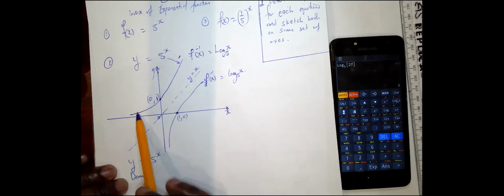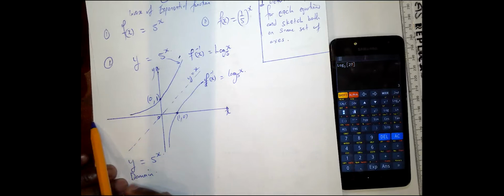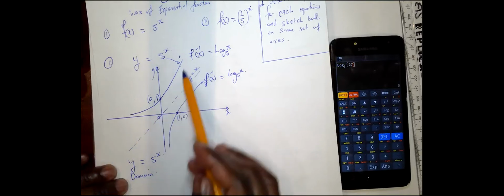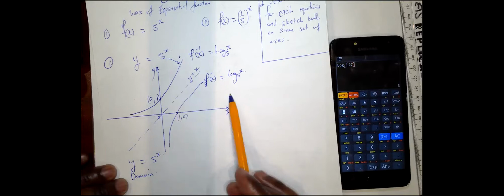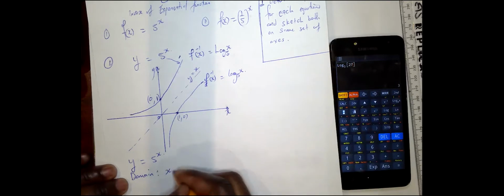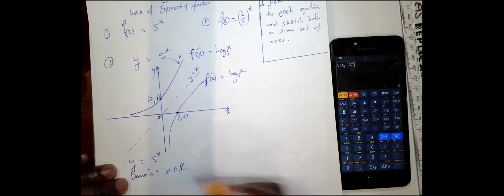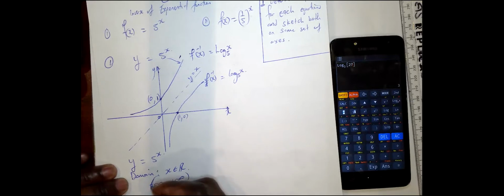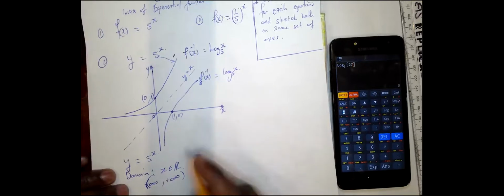And for the positive side, it also goes until positive infinity. So in this case, x is an element of the real numbers, or you can just say negative infinity to positive infinity. You are done. Giving it like that is valid.